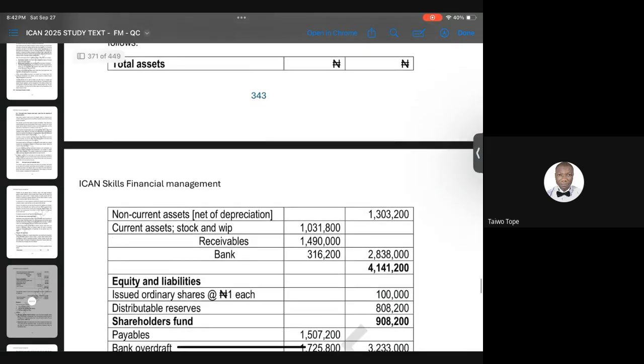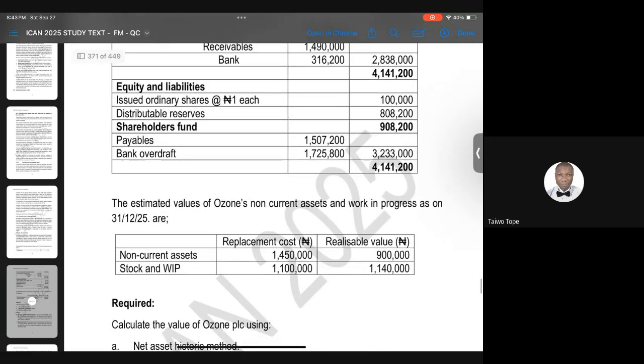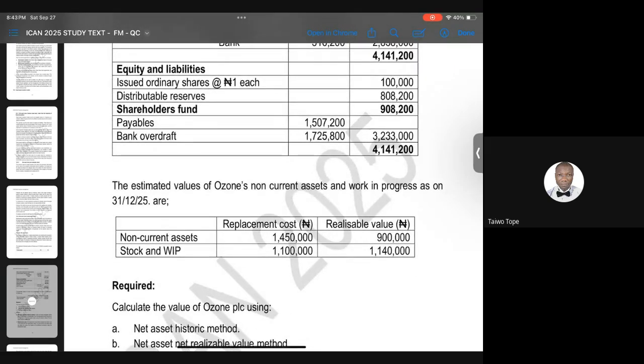Then equity and liabilities: issued ordinary shares at ₦1 each, 100,000. Distributable reserves, 808,200. Shareholders' fund overall, 908,200. Payables 1,507,200. Bank overdraft 1,725,800.